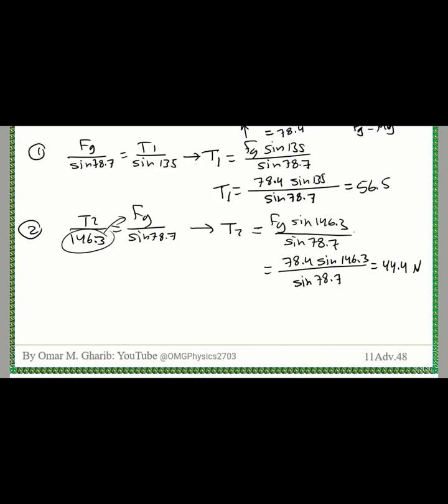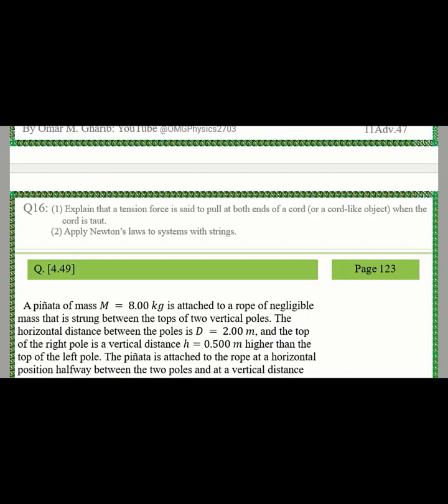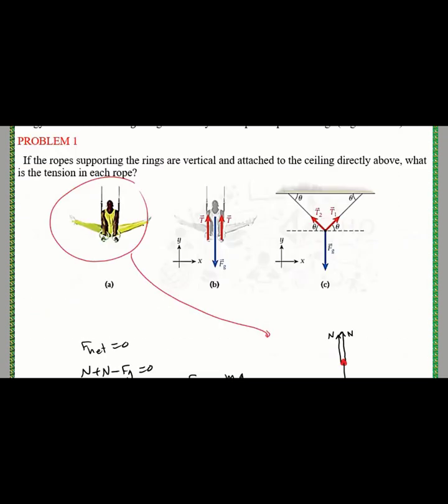So we solved these forces without resolution and analyzing on x and y. Practice this well, and you will be satisfied.